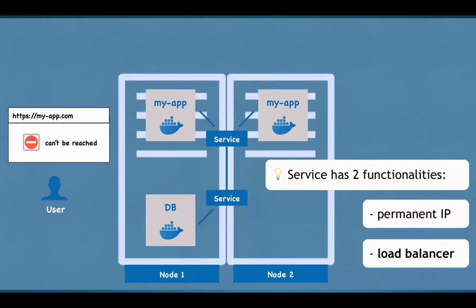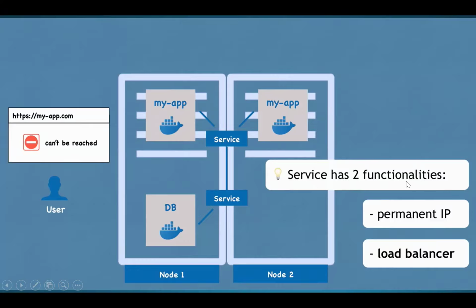If suddenly thousands more users come, it will load balance and divide the customers. Half of the customers will see my application from this pod, and half from the other. So it reduces the load on your pod.